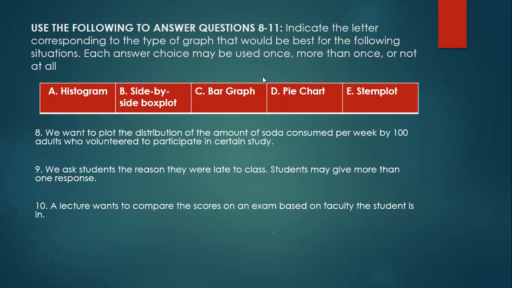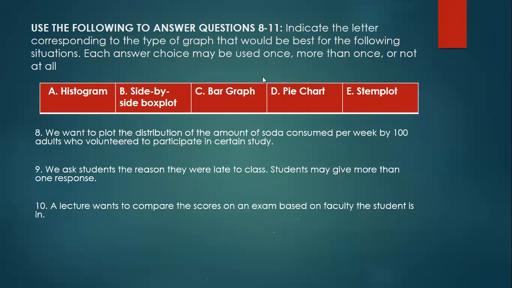What they're doing is comparing to see if persons in SOCI have a higher grade than persons in the faculty of law or faculty of technology or med. So the side-by-side box plot would be the best representation for comparing the scores on an exam.